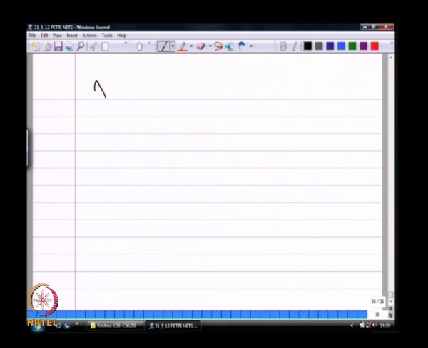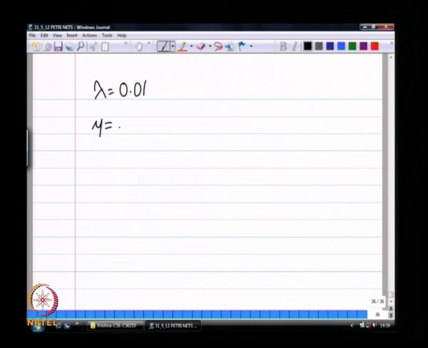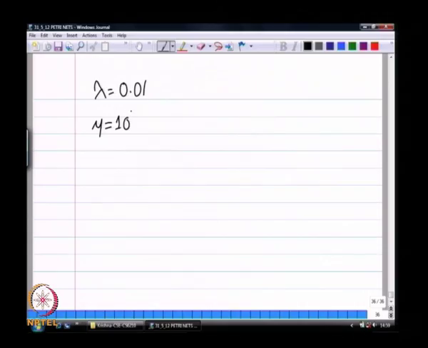I will pick some small value for lambda, which means the mean time to fail is 1 over that, which is 100. Mean time to repair should also be small, say 0.1, therefore mu should be say 10.